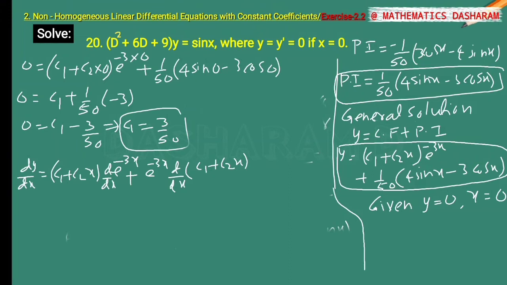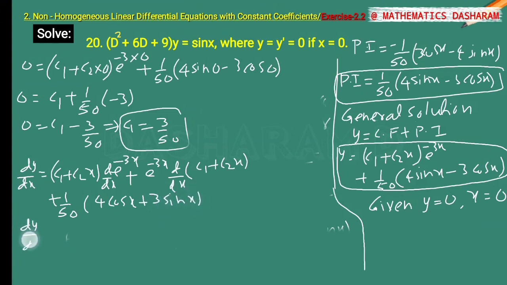Next plus 1 by 50 bracket of 4 into sin x, derivative is cos x, minus cos x, derivative is minus sin x, so minus into minus plus 3 sin x.